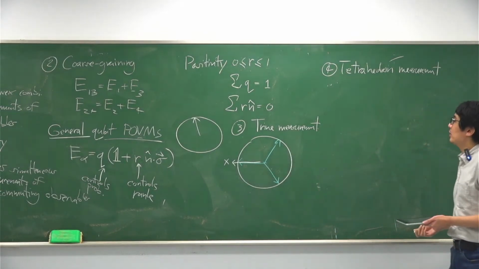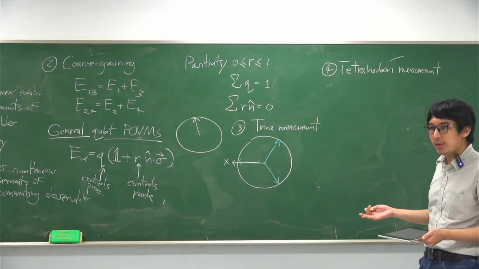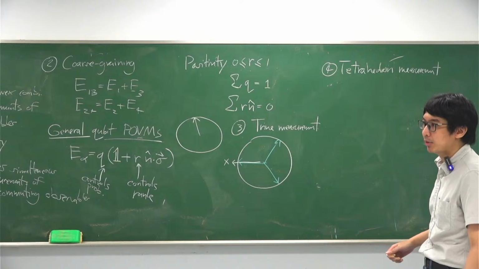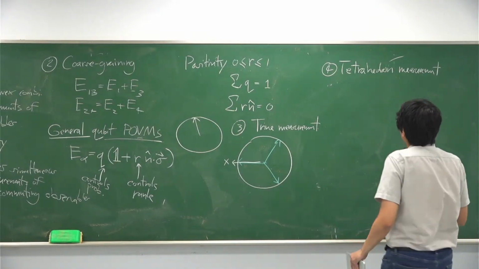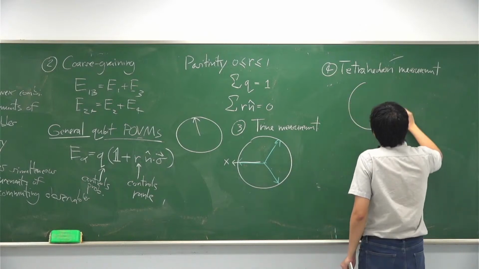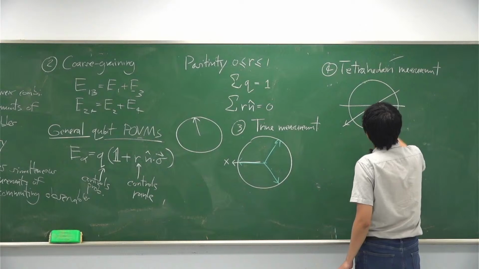If you want a single POVM that gives you the information of any state, you can do this tetrahedron measurement, which is basically a pyramid.